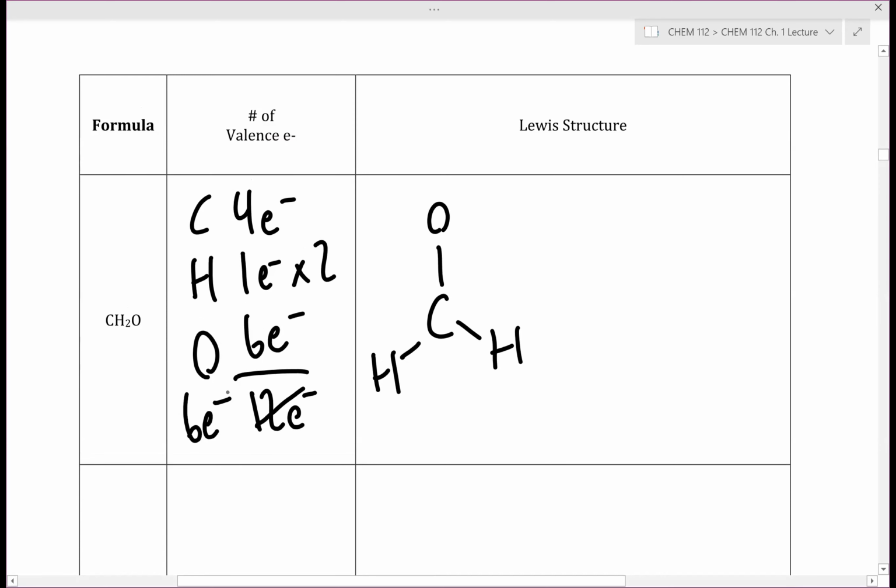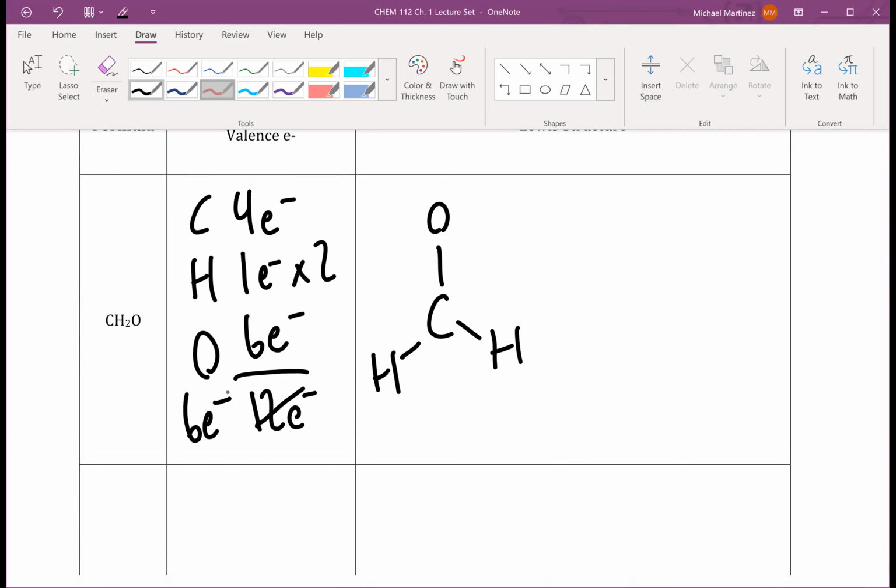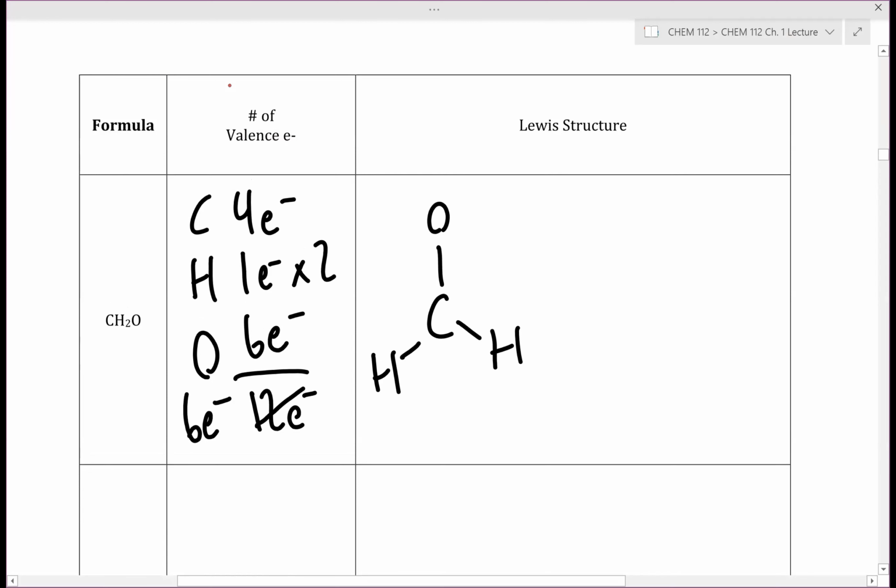Now, looking at oxygen, does oxygen have a complete octet? No. So we need to give it how many additional electrons? 6. So we'll add 2, 4, 6. Okay? We are out of electrons. Is the octet rule satisfied for all of our atoms? No. Carbon only has 6 electrons to its name.